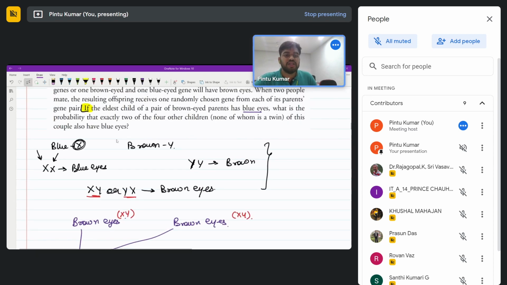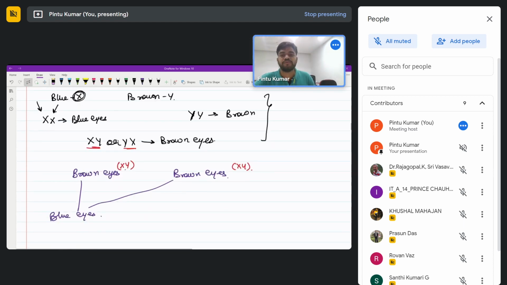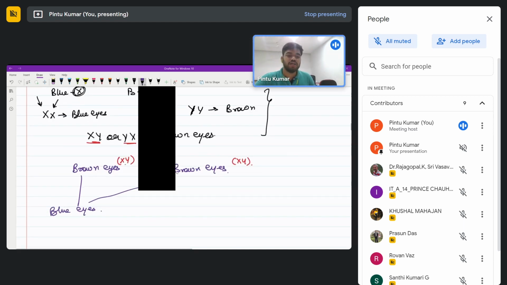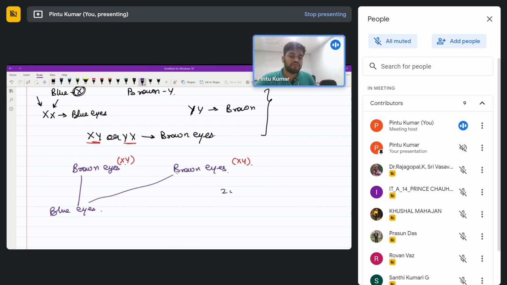Now the question is, what is the probability that exactly 2 of 4 children will have blue eyes?